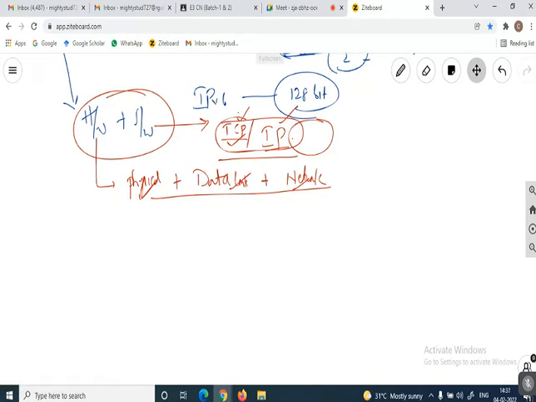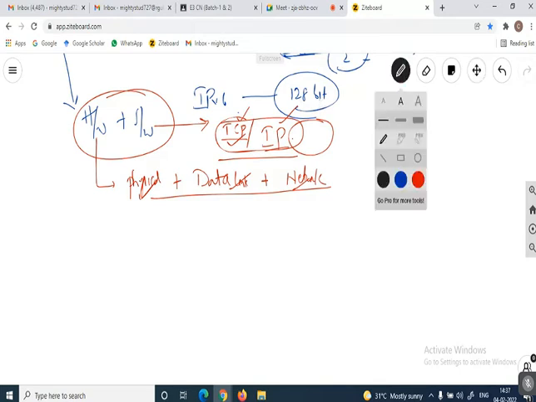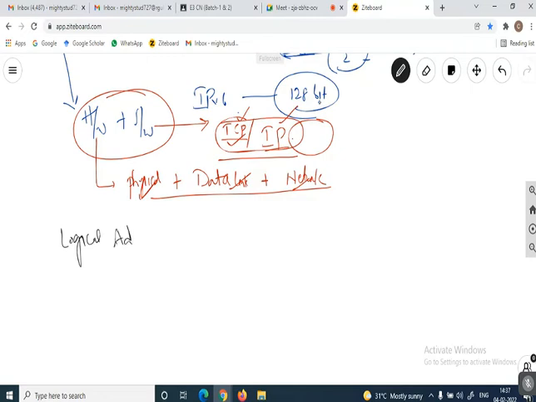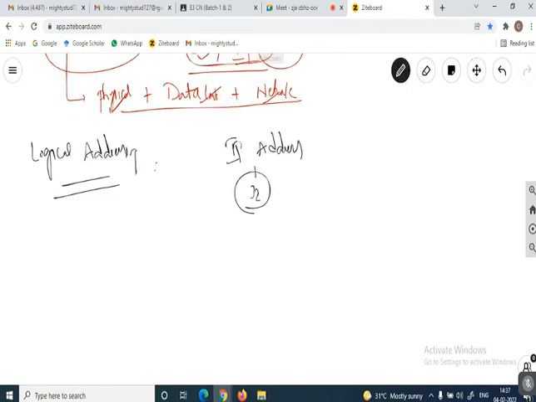What is that address and how do we represent it? The name given for it is the IP address, that is, the internet protocol address. The size we use for this IP address is 32 bits.